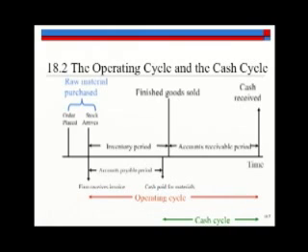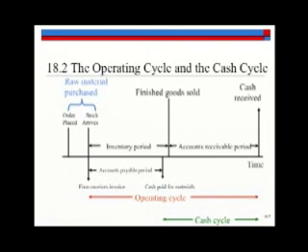And on the far left, on the top, you see that we have placed an order for some raw materials, and after a short period of time the stock arrives, the raw materials arrive, and that period between the time the order is placed and the time the order arrives is just referred to as the raw material purchasing period.